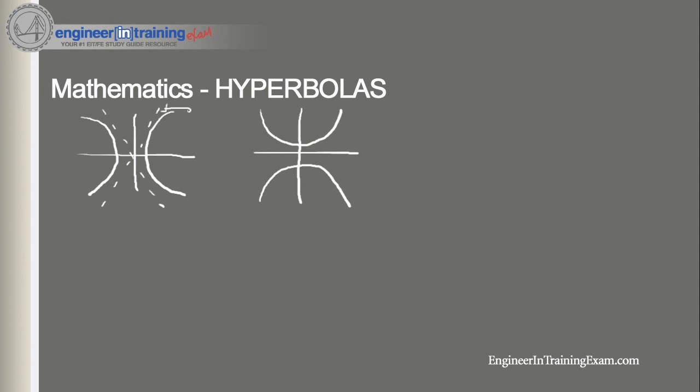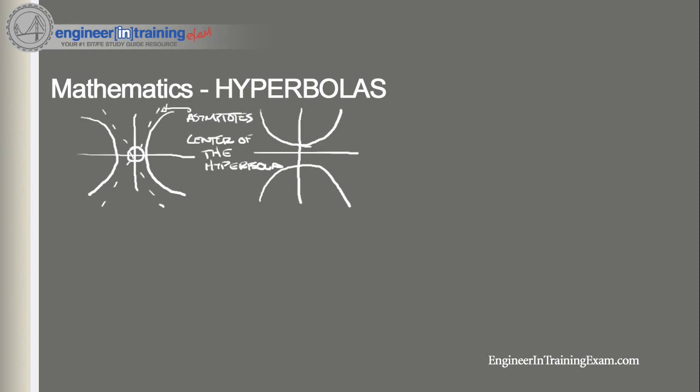Now these two lines are called asymptotes. And where they cross, which in this case is right here, it could be pretty much anywhere else, that is called the center of the hyperbola. Nothing fancy, just simply the center of the hyperbola.